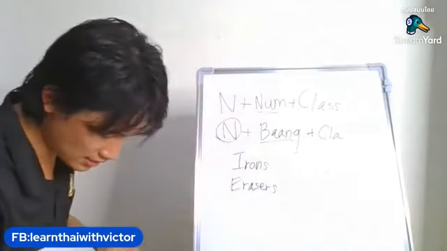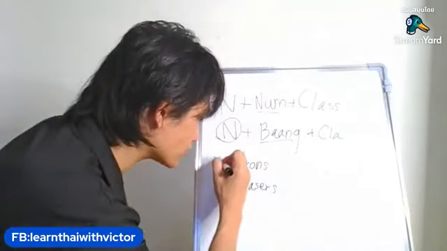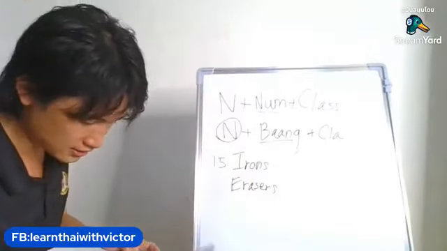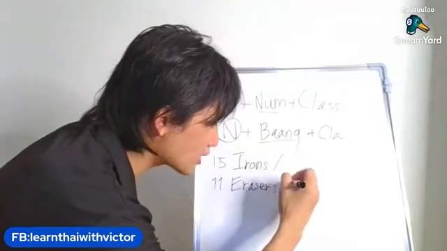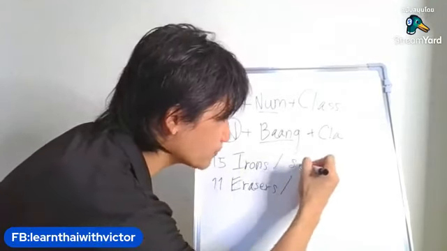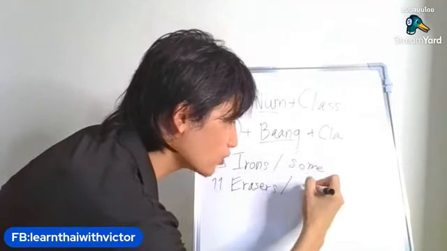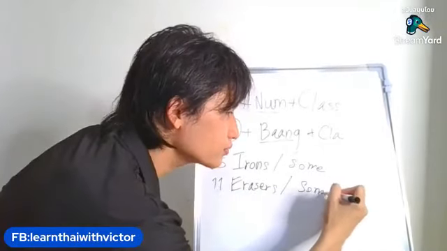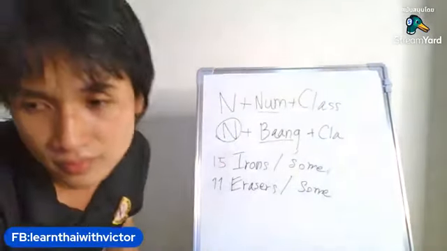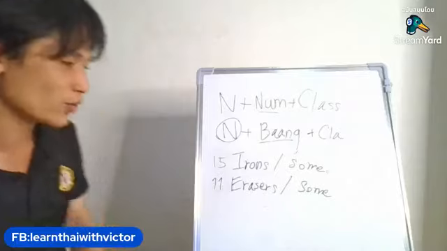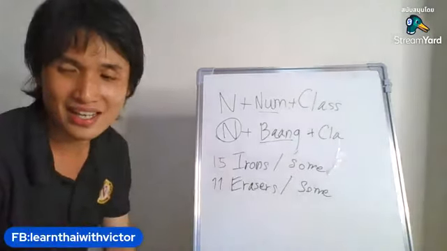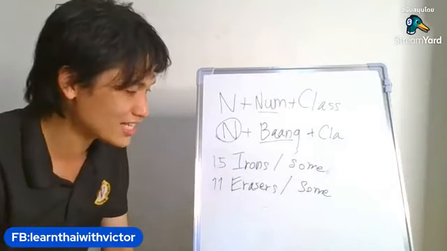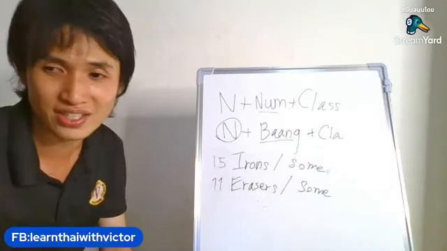If I say 15 irons and 11 erasers, how can I say it with the word some? For the first word, irons, or eraser, if you know it, please write it down in the comment.